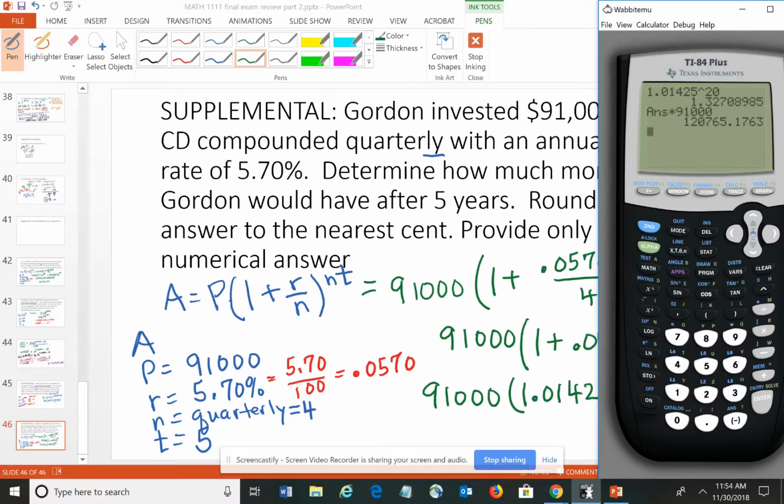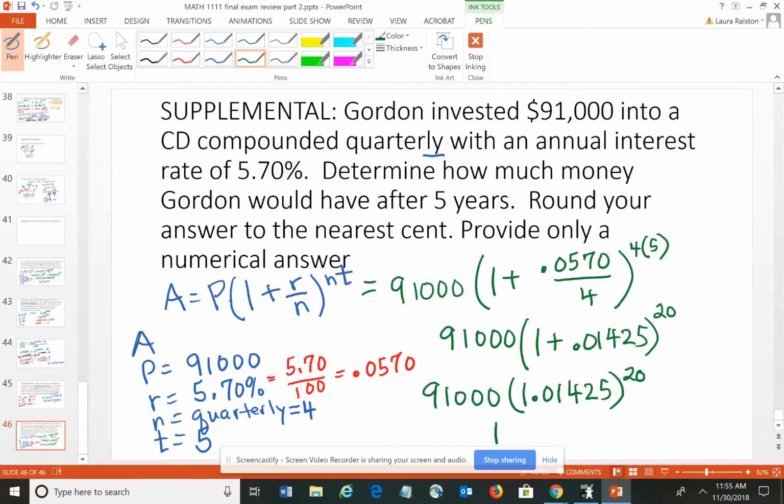So we have $120,765.18. Okay, and again, when you write your answer in the computer, they don't really want you to put the dollar sign, although I did write it there, but they don't want you to put it when you enter your answer. It says, provide only a numerical answer. If you add the dollar sign, it'll count it wrong.